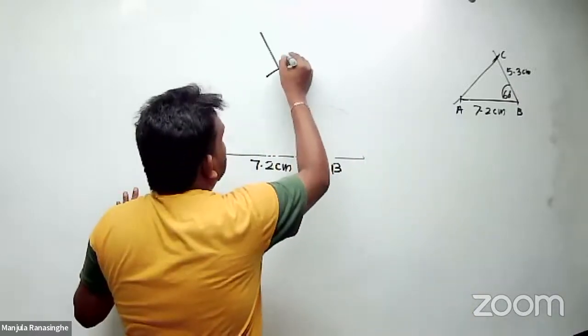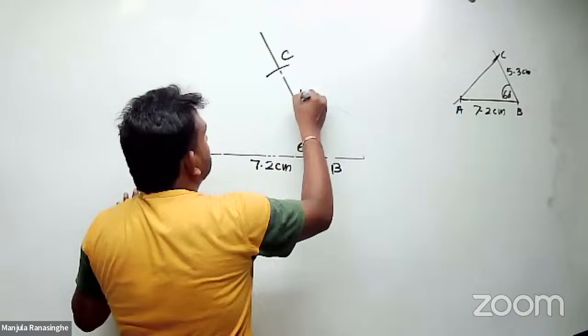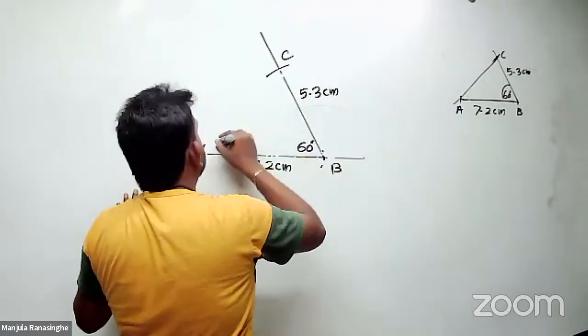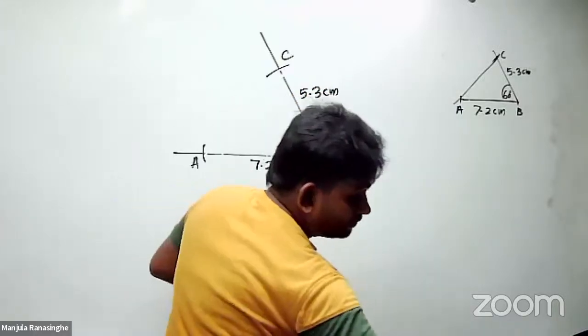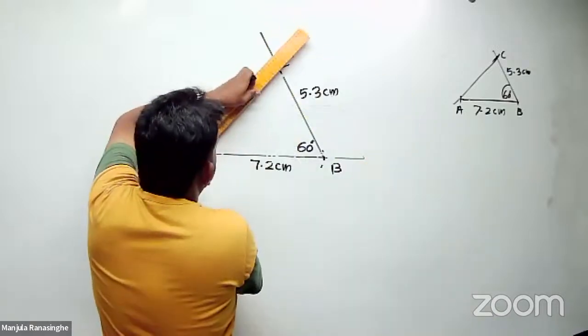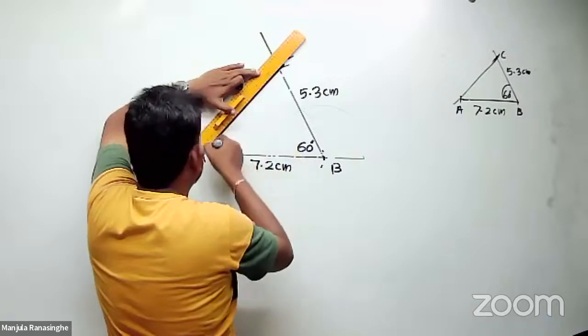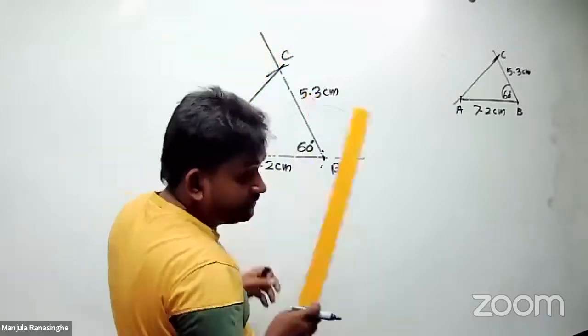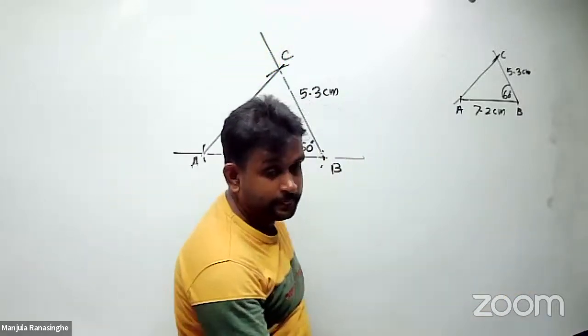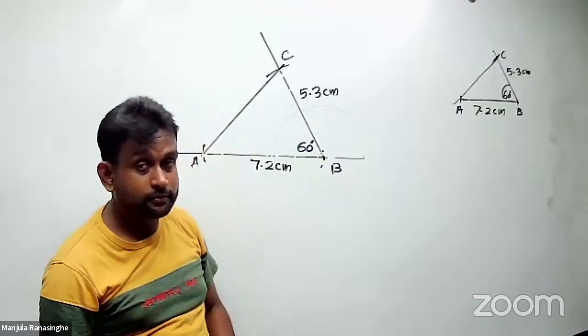So make an arc and see there. So that is 5.3 centimeters. Connect A and C at last. Right. So now the triangle ABC is developed. Okay, fine.